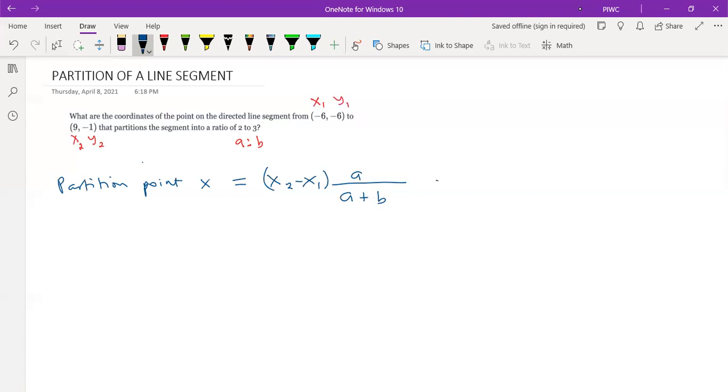And then you're going to add x1 to it. Okay.